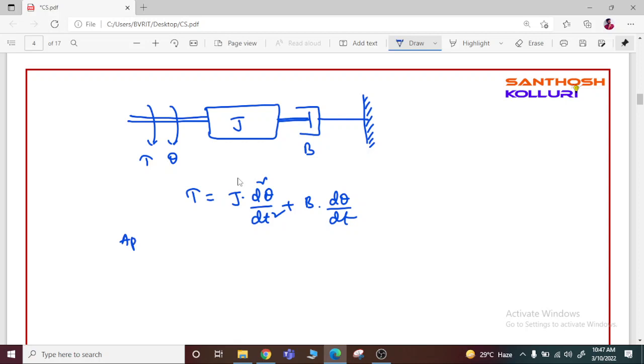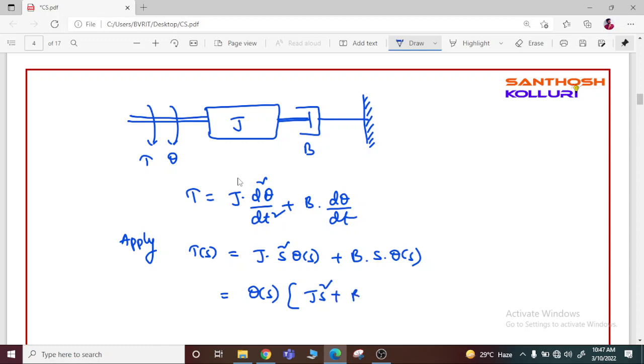Apply Laplace transform to this, T of S can be written as J into S square theta of S plus B into S into theta of S. Take theta of S as common, this can be written as (Js square plus B into S) theta of S, which is the torque T of S. This is equation number 4.